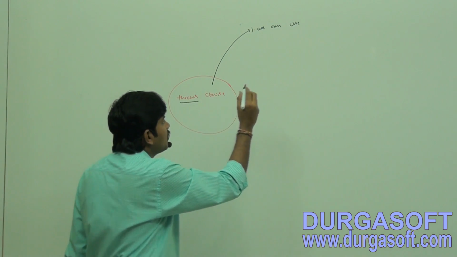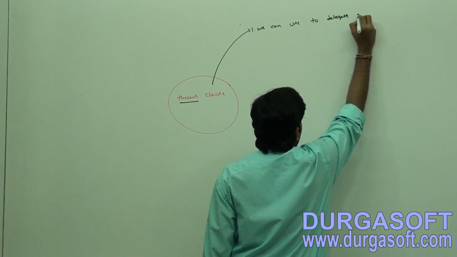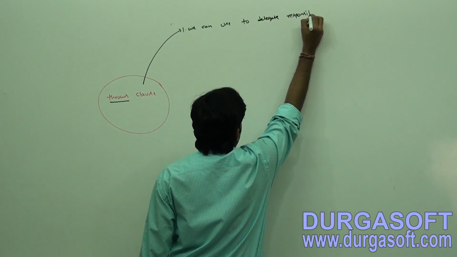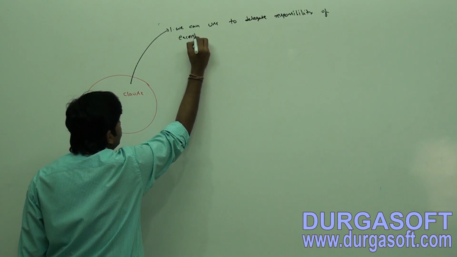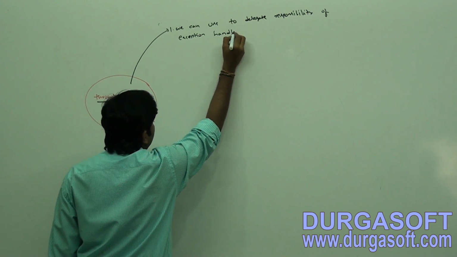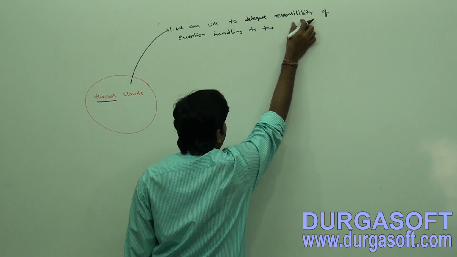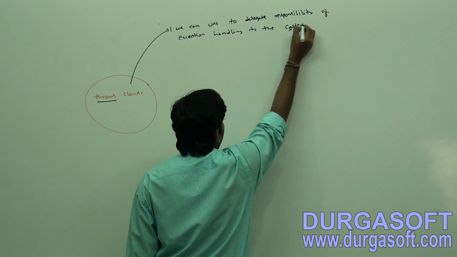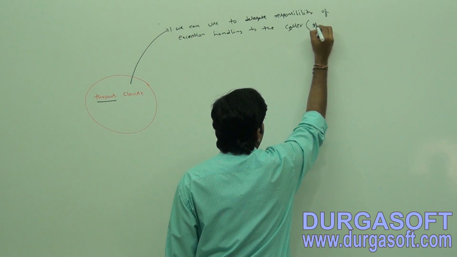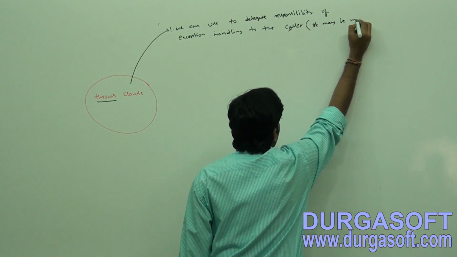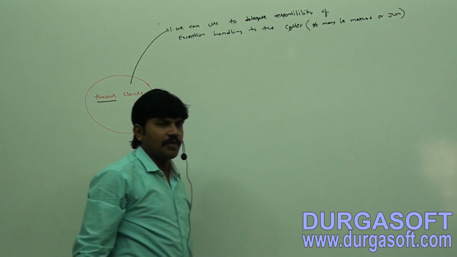We can use it to delegate responsibility of exception handling to the caller. Within brackets, it may be a method or it may be JVM.